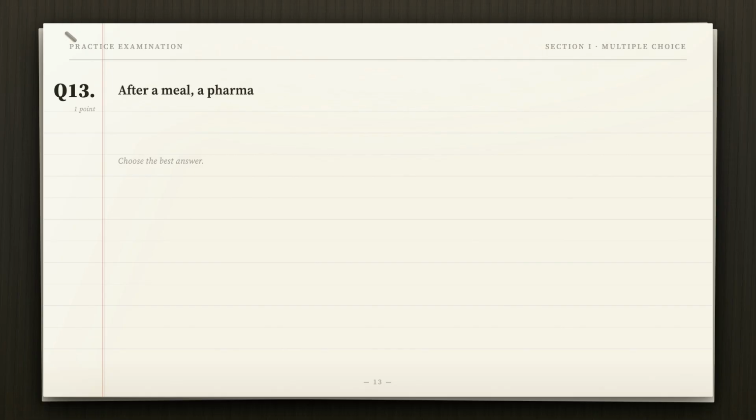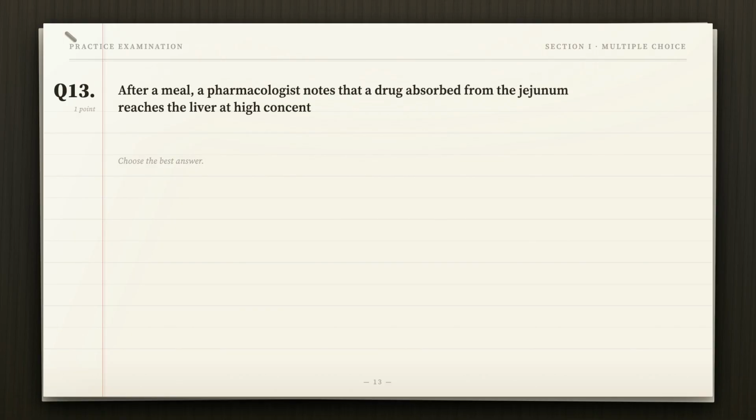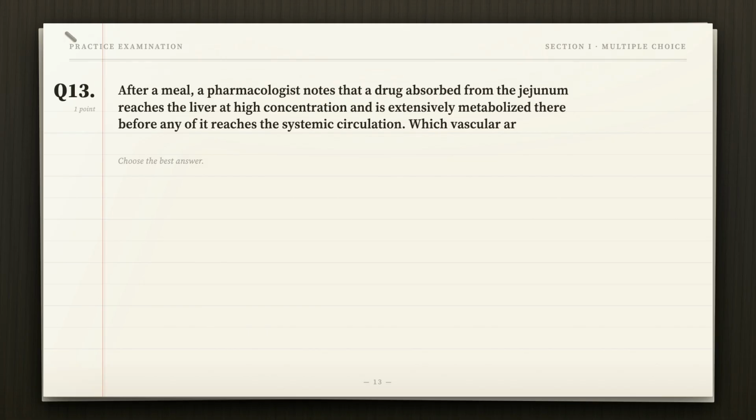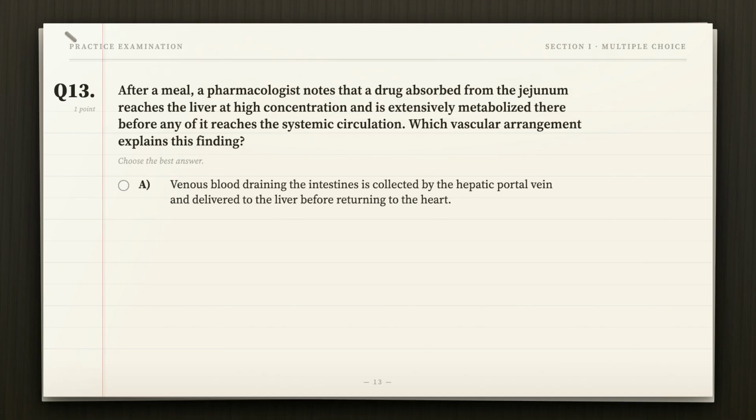Question 13. After a meal, a pharmacologist notes that a drug absorbed from the jejunum reaches the liver at high concentration and is extensively metabolized there before any of it reaches the systemic circulation. Which vascular arrangement explains this finding? Your options are: A. Venous blood draining the intestines is collected by the hepatic portal vein and delivered to the liver before returning to the heart.